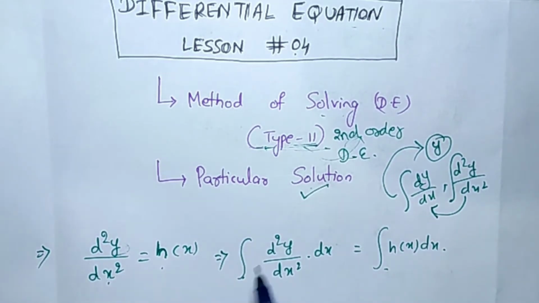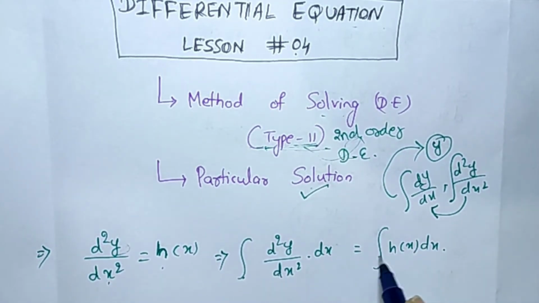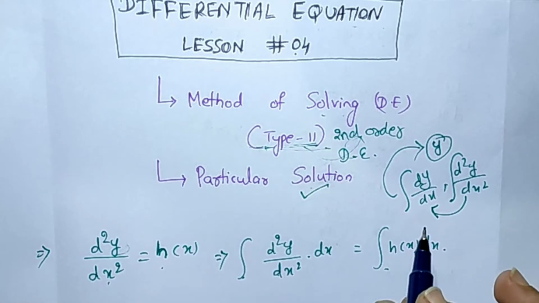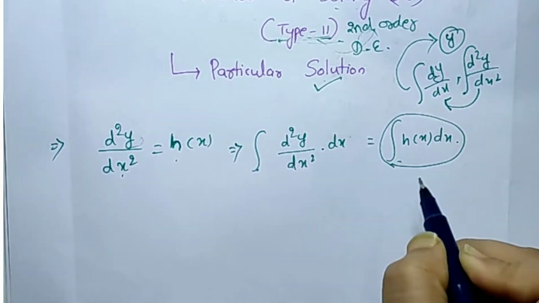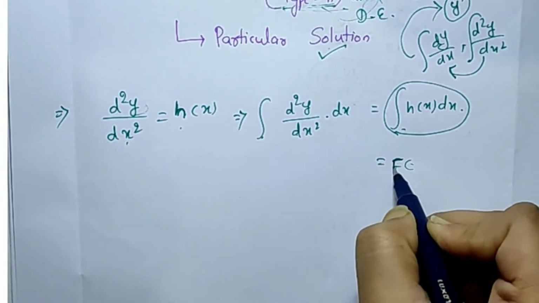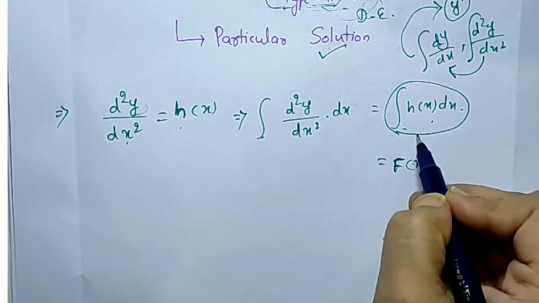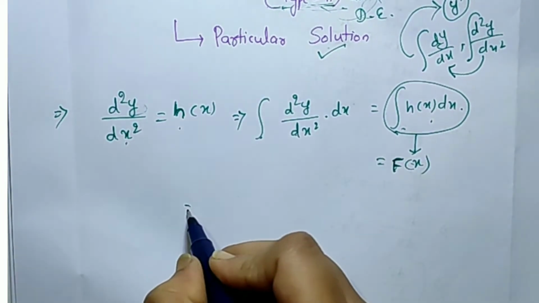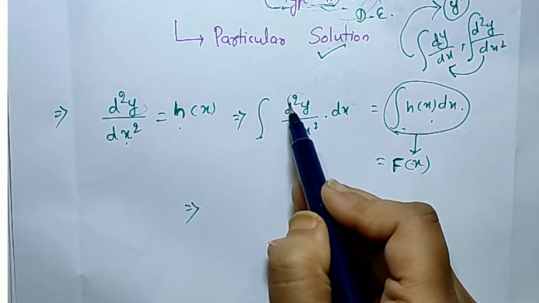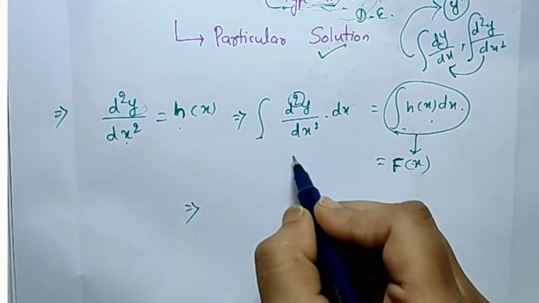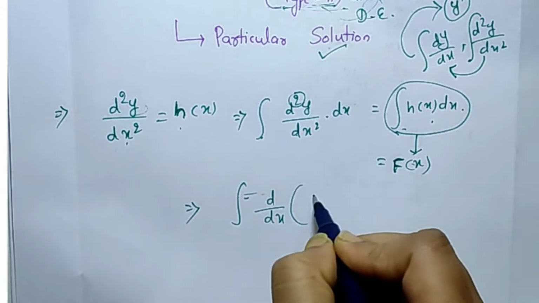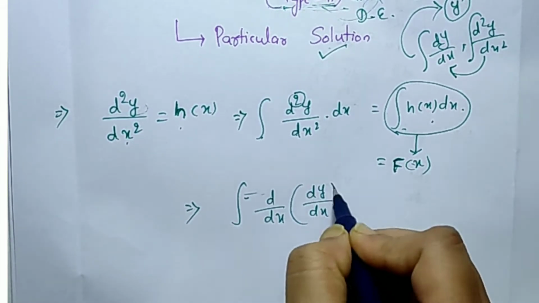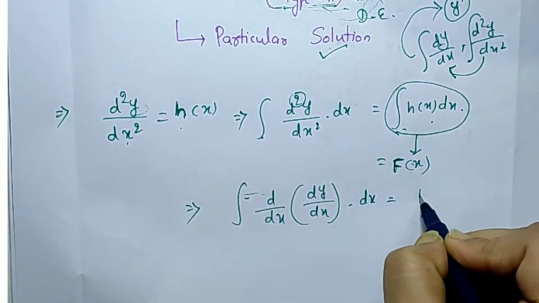At first we integrate d square y by dx square dx is equal to the integration of h(x) dx. Suppose this integration value is capital F of x, which implies this is the derivative. I can write the integration of d by dx of dy by dx dx is equal to F of x.